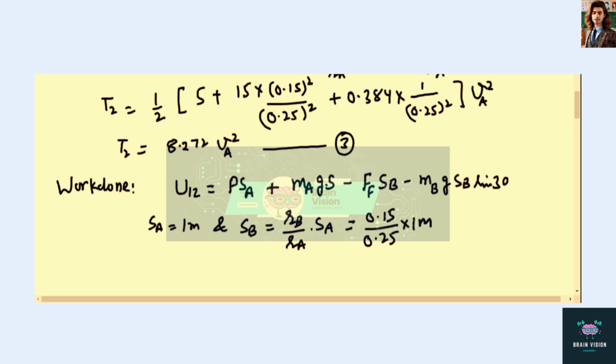So distance covered by B you will get 0.6 meter. So if the cylinder moves 1 meter downward, then the block will move 0.6 meter upward.